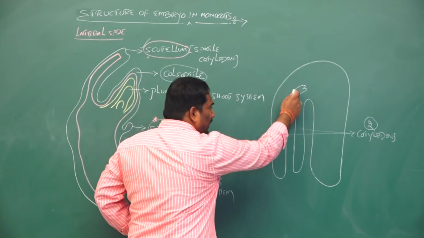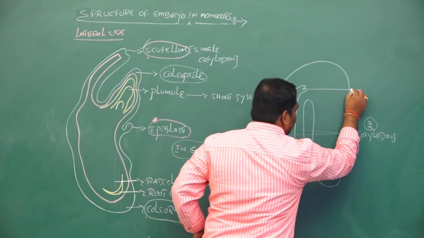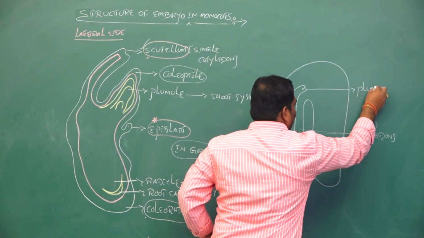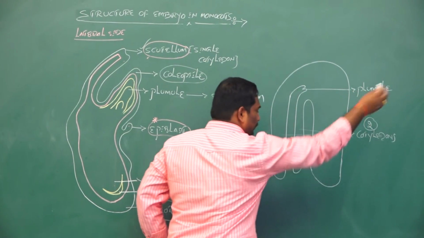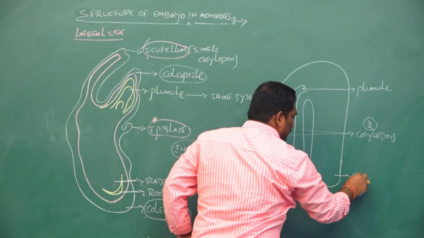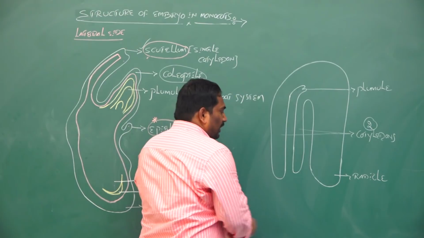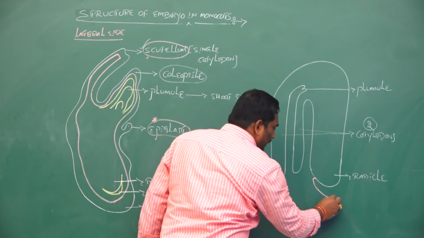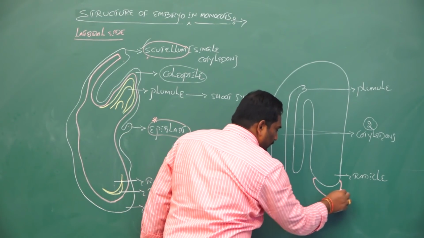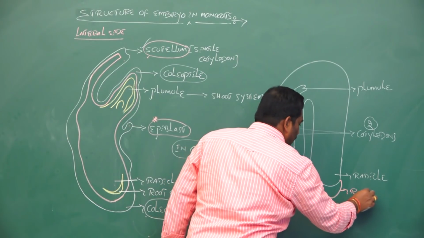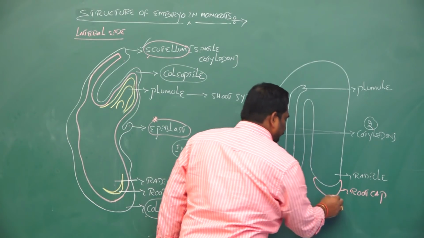The embryonal axis has the plumule, which develops into the shoot system, and the radicle, which develops into the root system. In the dicotyledon embryo, the radicle is surrounded by a protective structure called the root cap.